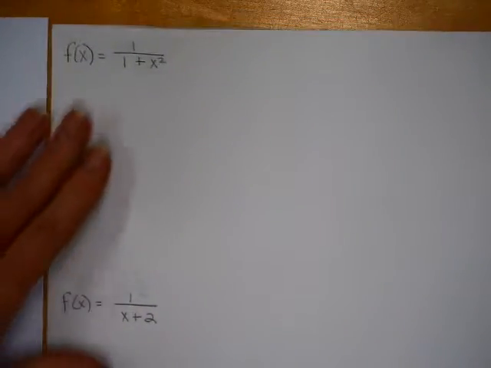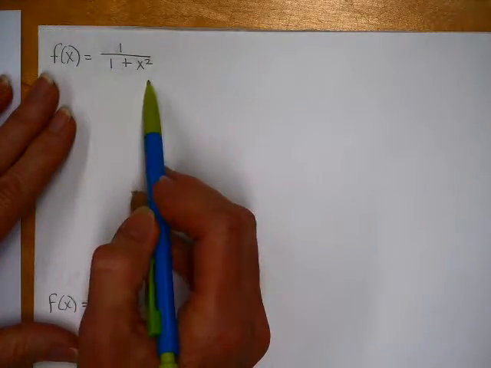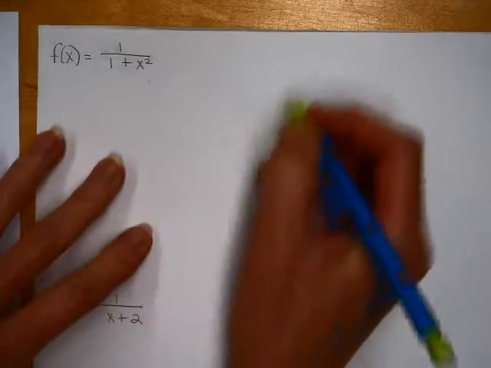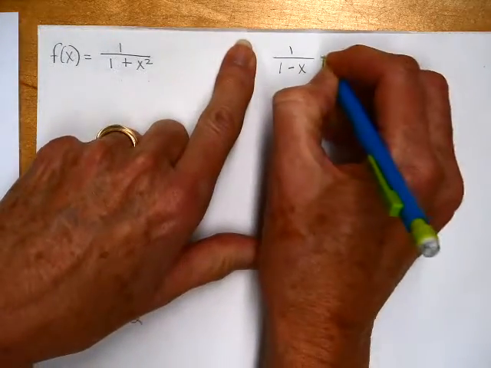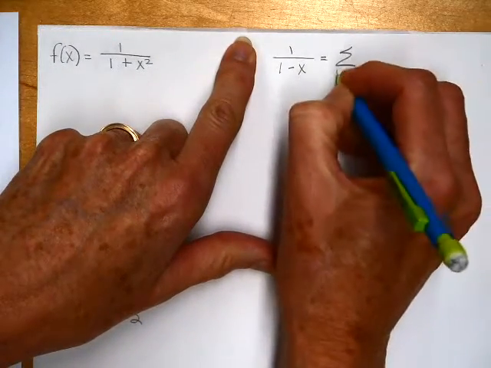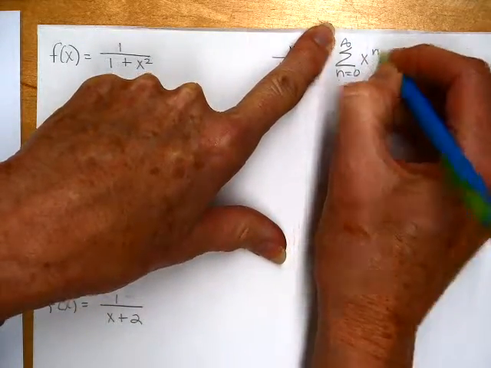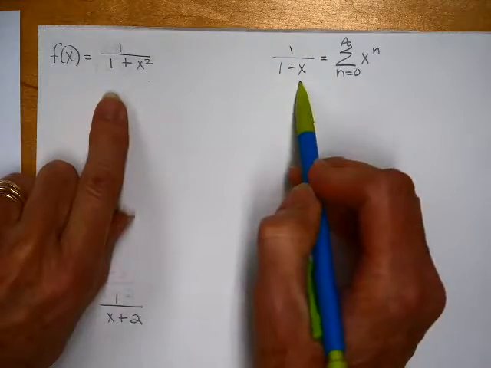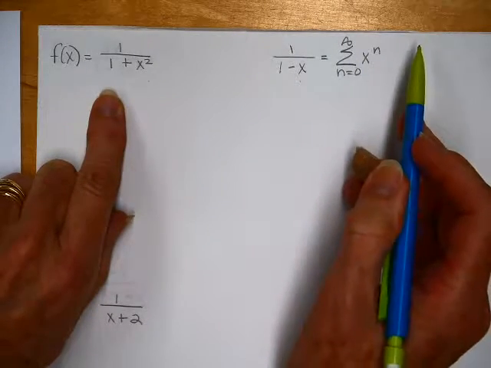Alright, so what we're going to do is take functions like 1 over 1 plus x squared, using this fact, that 1 over 1 minus x is equal to the power series from n equals 0 to infinity of x to the n.